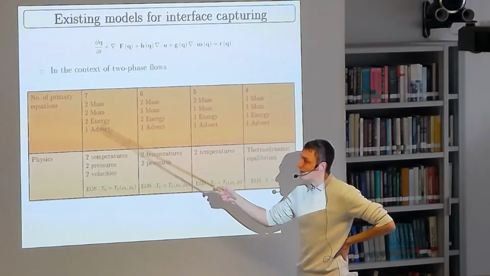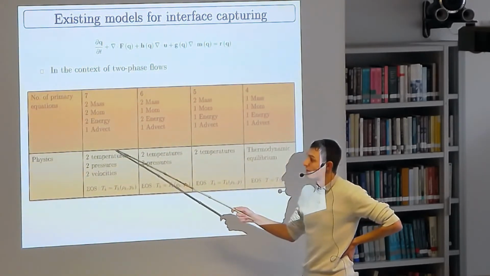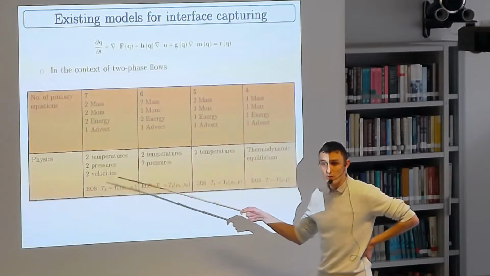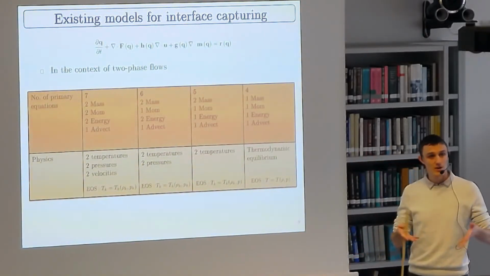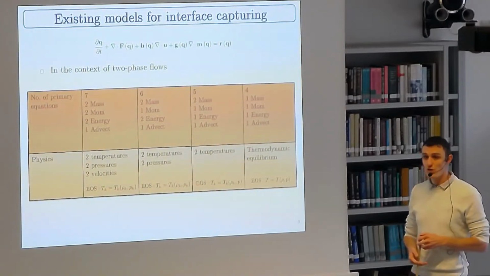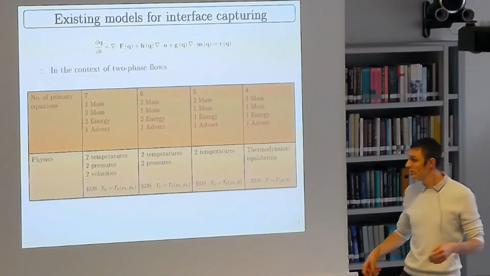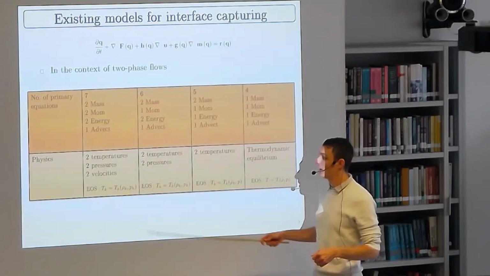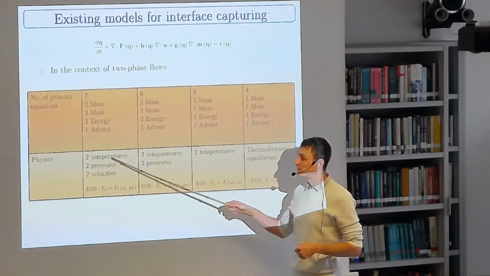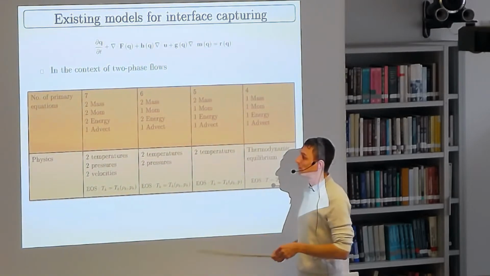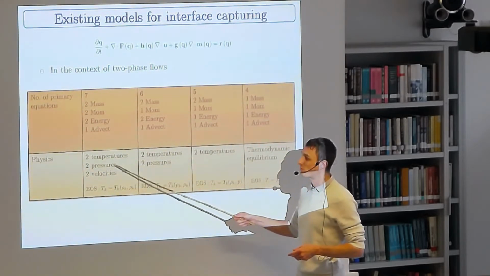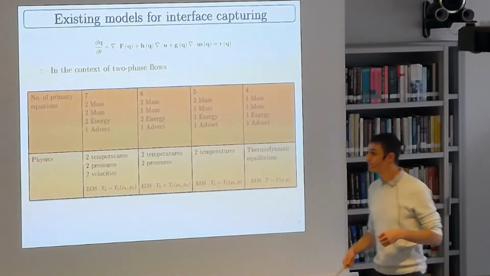Basically, what it means is that for the parent model, you have a complete disequilibrium between the phases. You have terms that will produce equilibrium if needed, but by nature initially they are at disequilibrium, meaning that the phases of a mixture of two phases are in temperature, pressure, and velocity disequilibrium.